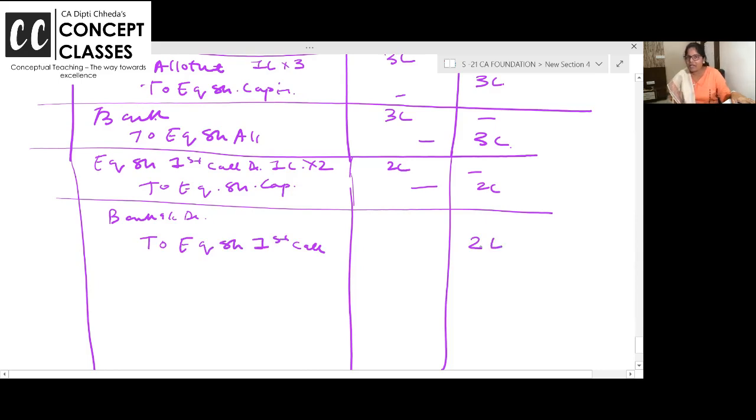First call has come, 2 lakh, plus call in advance from Kamlesh, 10,000 into 2.5, 25,000.